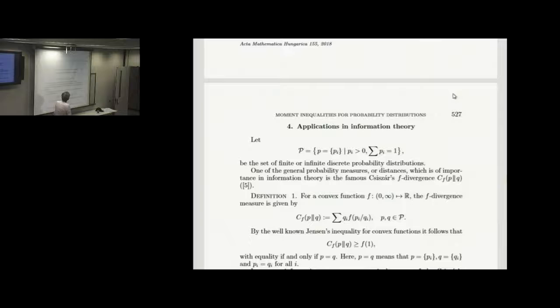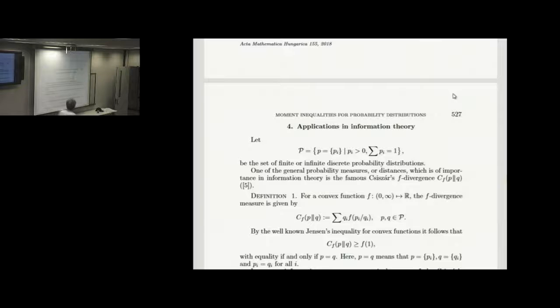And in information theory, very famous is Csiszár's f divergence. C_f, this is the notation, it means this sum. P and Q are two probability distributions, and this quantity, the sum, is Csiszár's f divergence, where f is some convex function.